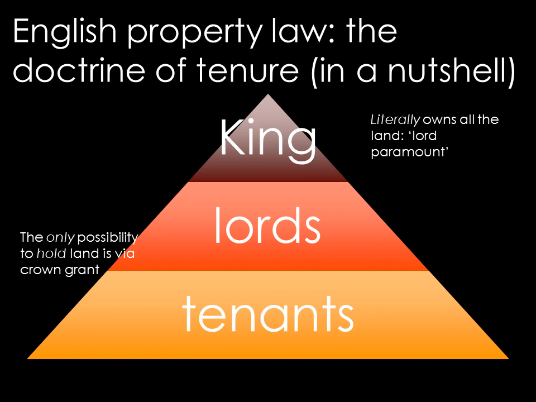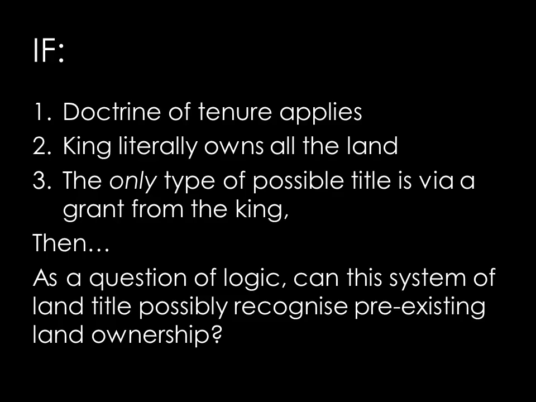So what you can see there is that the effect of importing the doctrine of tenure into Australia is that the king was deemed to own all of the land in Australia. So let's use a bit of logic here.